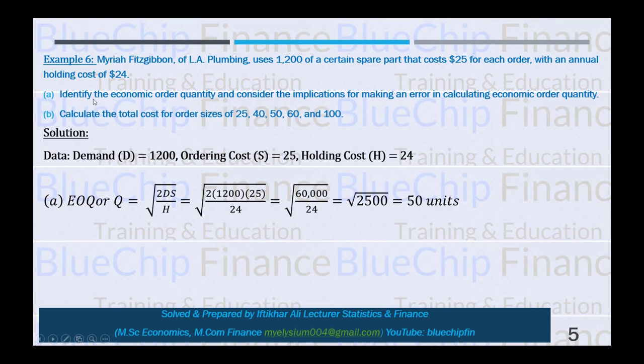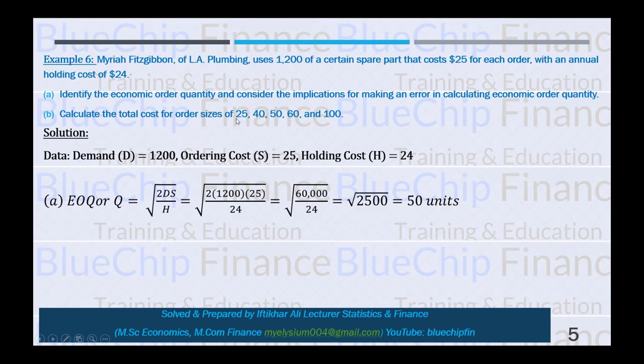First of all, your economic order quantity equals the square root of 2DS divided by H. So 2 multiplied by 1200 multiplied by 25, divided by your holding cost 24, and finally it equals 50 units.